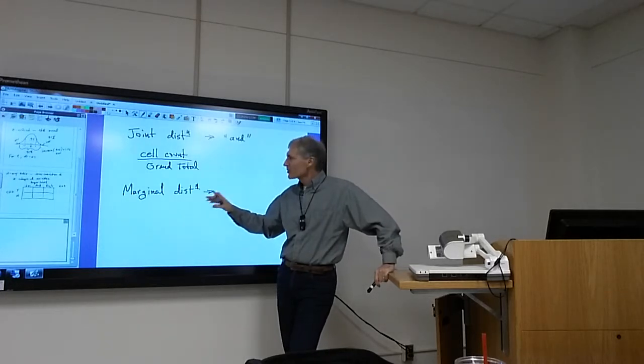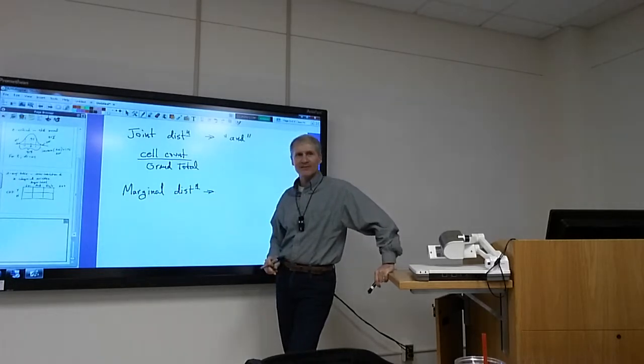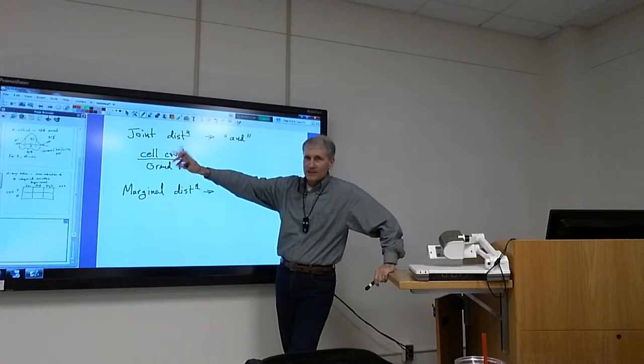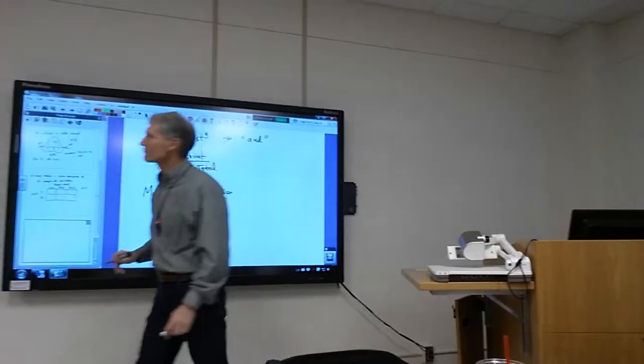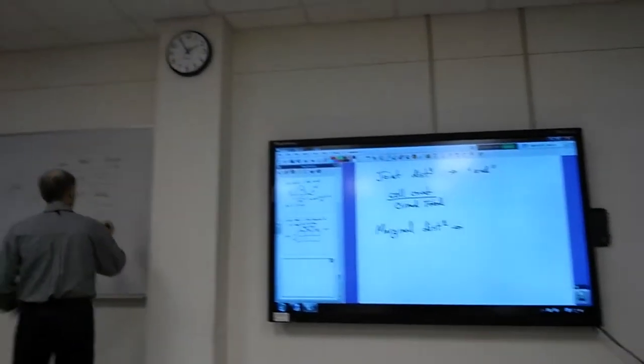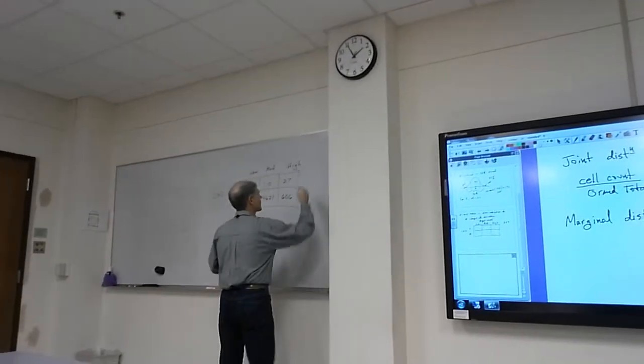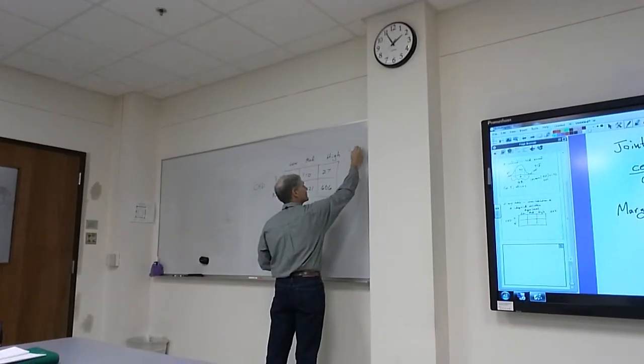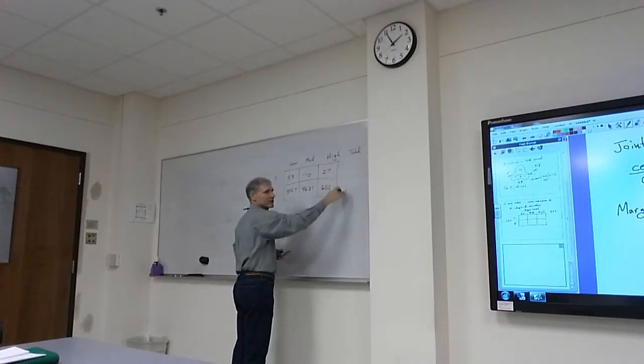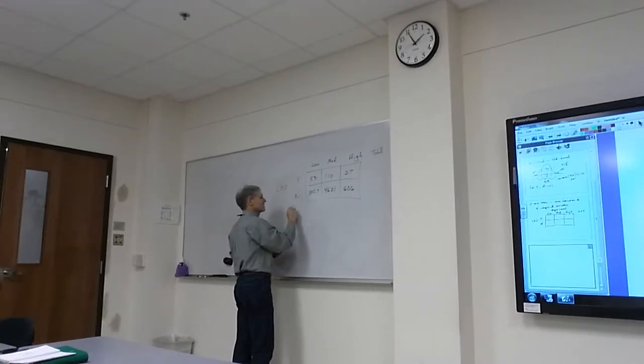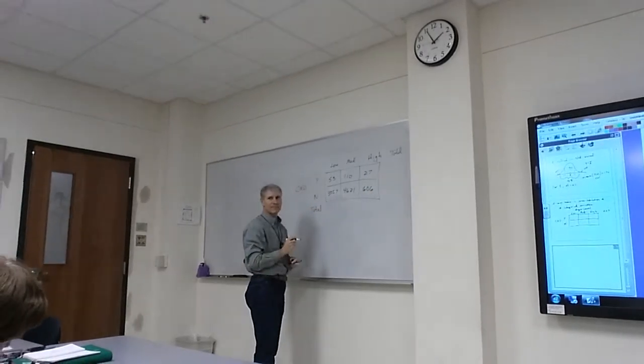But what does the word marginal make you think of? The margins of the table. So over there you see the cells in the table. Let's fill in the margins. The margins are the totals. So I get row totals here, and I get column totals here.